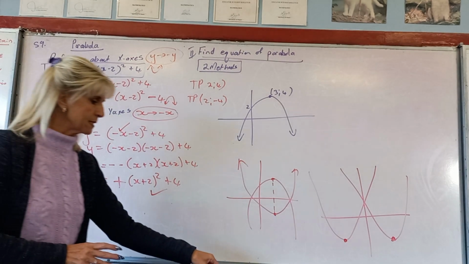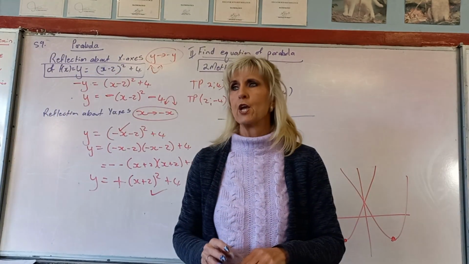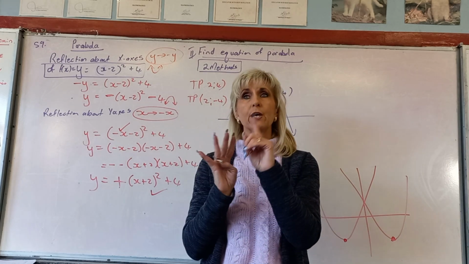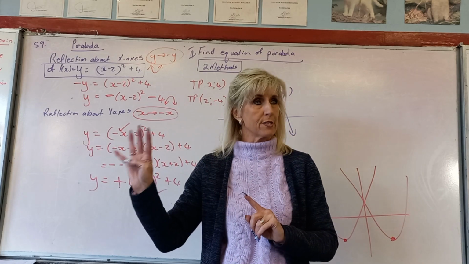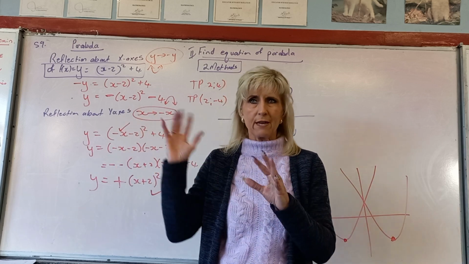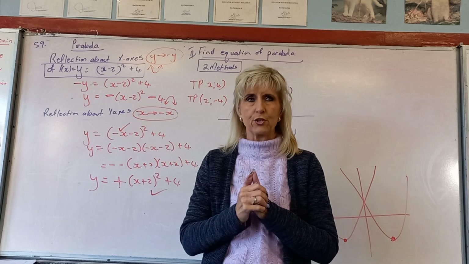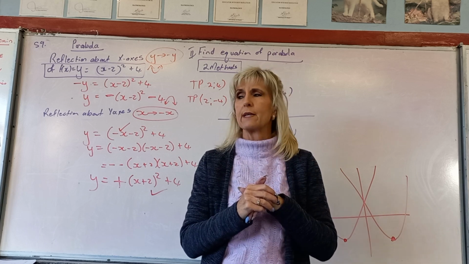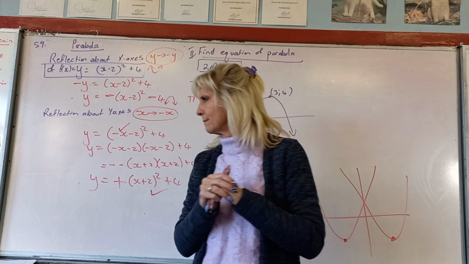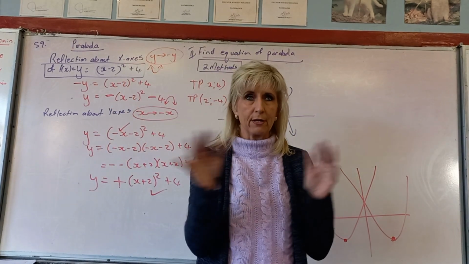Right, so we're still in our method of all of our graphs. We have 4 graphs, and in each of them we're going to sketch them, and then we're going to find the equation. So we've done the straight line, both of those. We've done the parabola, sketching it. We've done a few things extra now with the reflections. Yesterday we did the, what did we do? Translation, up and down, left and right.